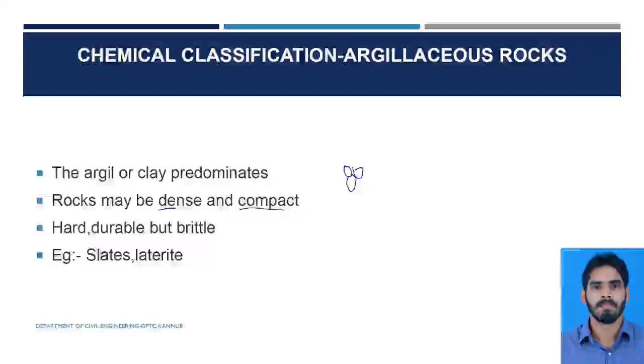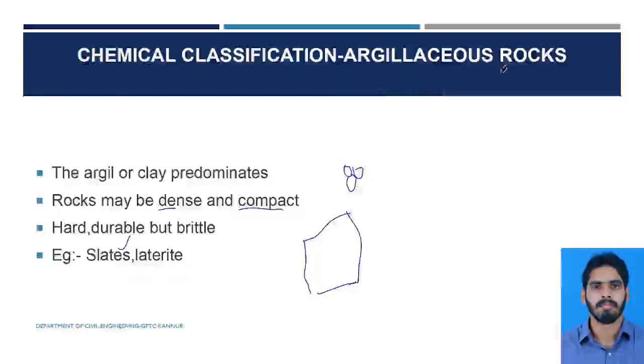Slates, laterites. When we were studying in first standard, we may have been using slates. You must have used a slate. If you drop that slate, what will happen? It will be broken into two pieces. You would have to buy a new slate. Even in my childhood, I was doing such activities, maybe dropping it from a height, maybe my carelessness, but that is the slate's character.